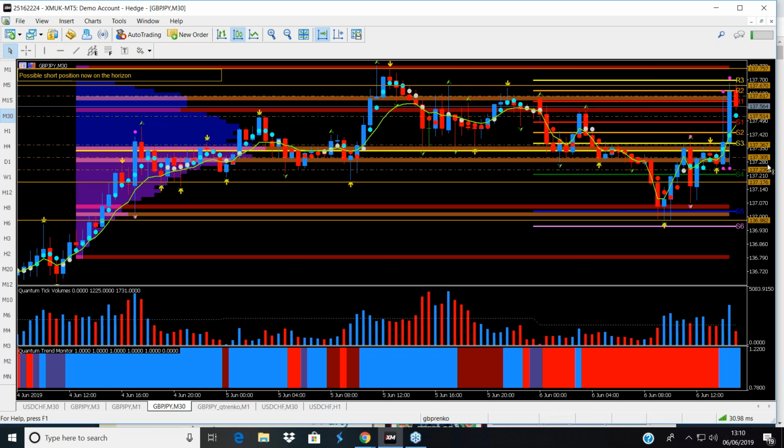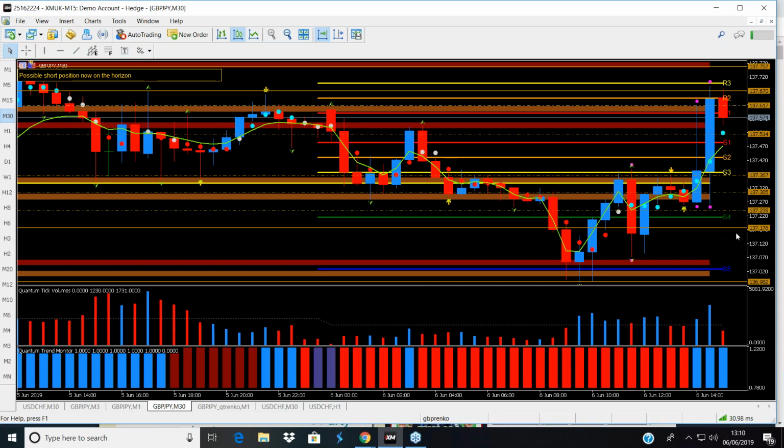Now the Camarilla gives a kind of hierarchy to these lines. When the price is trading between the R1 and the S1, it could be said to be in a congestion. It's a buffer zone. Then we have the fourth support, S4 and R4.